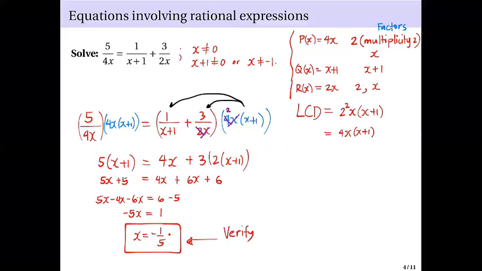Verify by substituting x equals -1/5 to the original equation. That's your checking part. So you replace your x equals -1/5 for each of x here, then you'll see that the equality will hold.